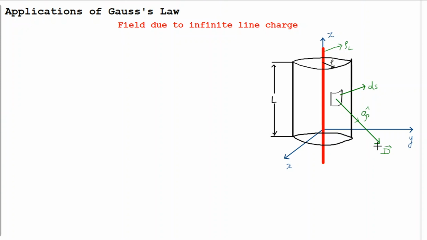Okay, now applying Gauss's law, we know that Q is equal to psi. We know that Q is nothing but psi. This is from Gauss's law.